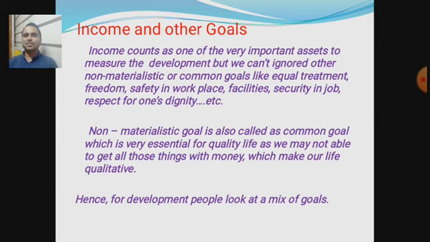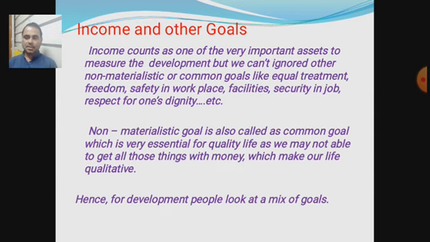Then let us move to another aspect. If development means to fulfill one's set goals and aspirations, then how can we measure this? Whether a person is developed or not, whether a country is developed or not.